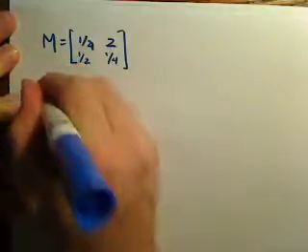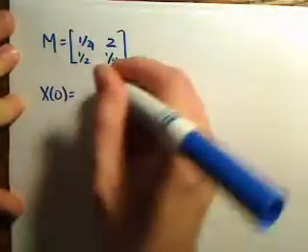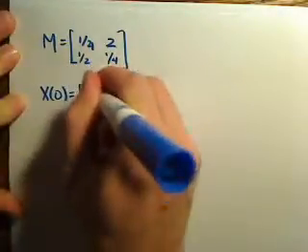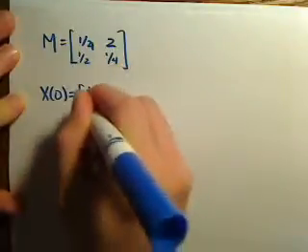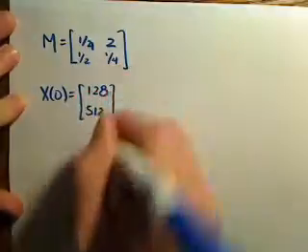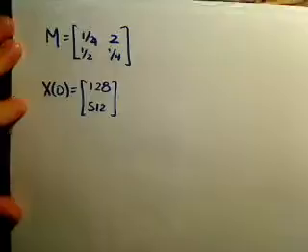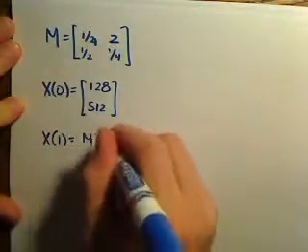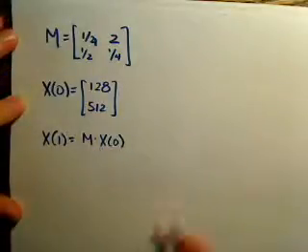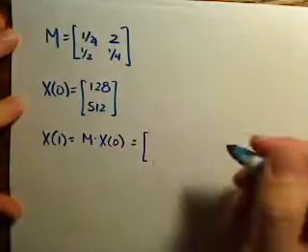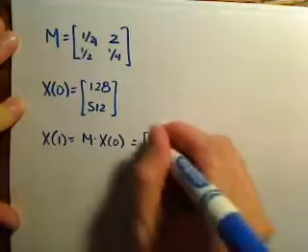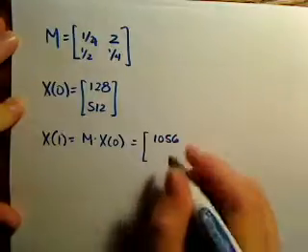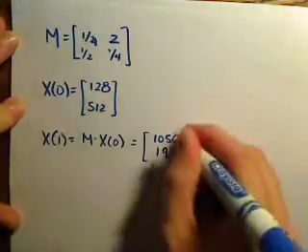And say we start out with an initial population of 128 juveniles and 512 adults. Well, that means that x1 will be m times x0, which I'm going to skip over the calculations, but that works out to be 1,056 and 192.